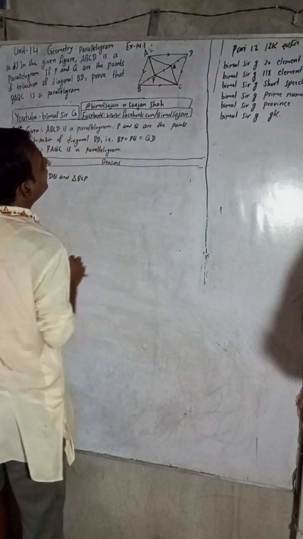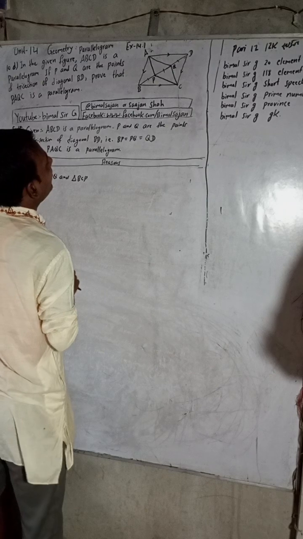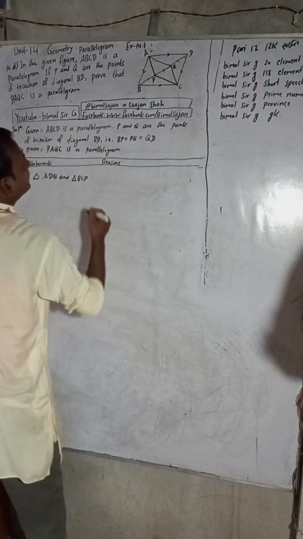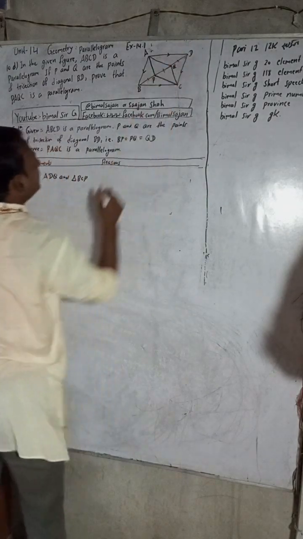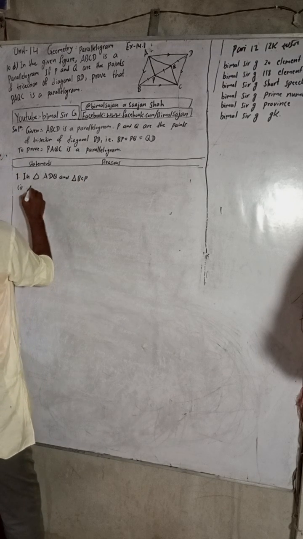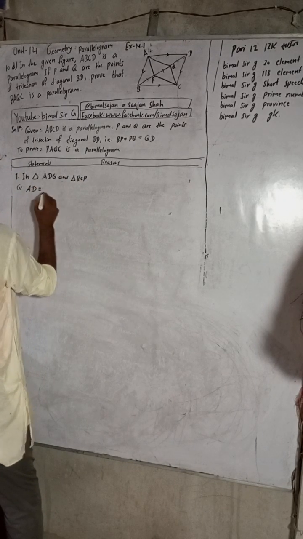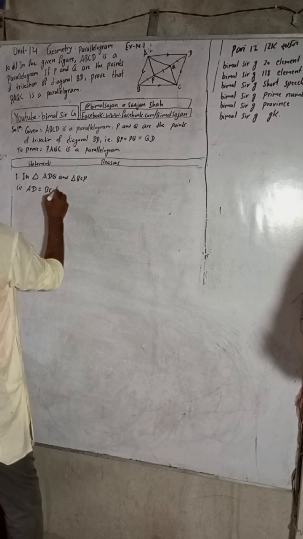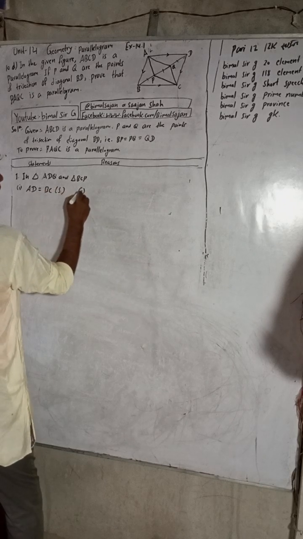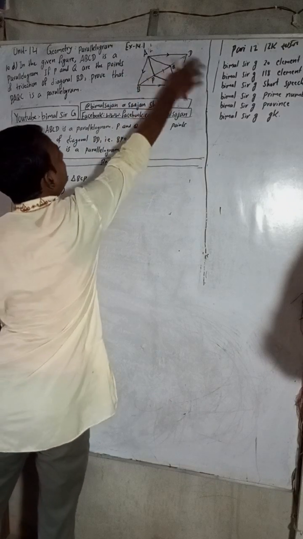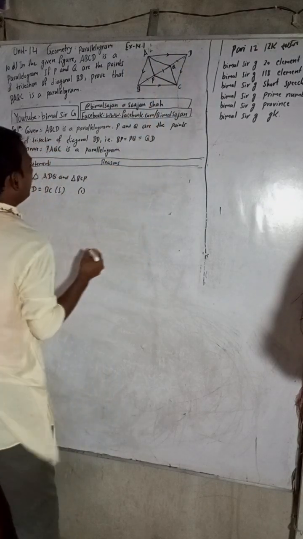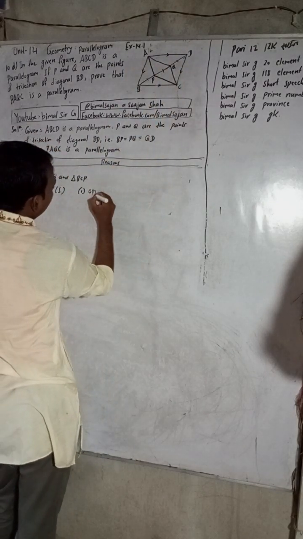So here we can take side, angle, side. This side AD is equal to BC. This is the side, and the reason for this is: AD is equal to BC, opposite sides of a parallelogram are equal.